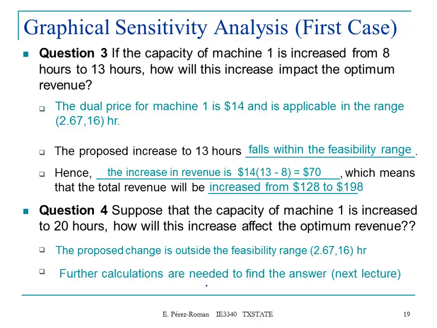So further calculations are needed to find the answer, and that will be part of our next topic. Okay, so for now, this is all you can say. You cannot make a decision or make a recommendation because based on what you know, it is not within those bounds. So you don't know what will happen if you go outside those bounds.